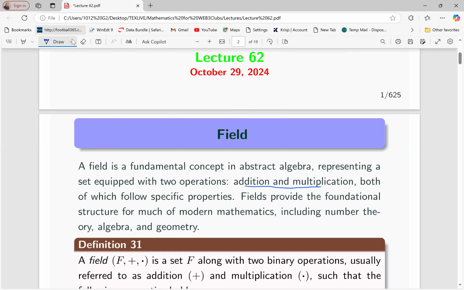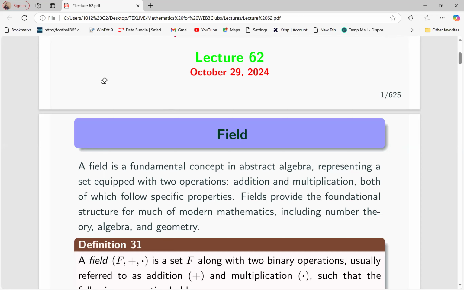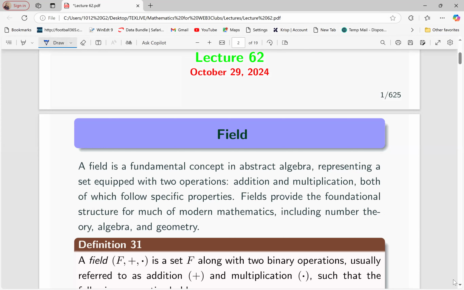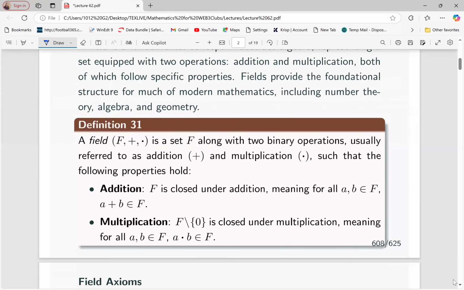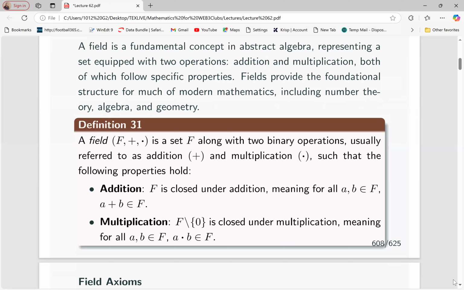This is different from the way the group was, because with the group, the set would be a group either under addition or under multiplication. We were to separate them. We're not having those two operations at the same time; we're considering one operation at a time. But when it comes to a field, we're considering the two operations at the same time, not one at a time.